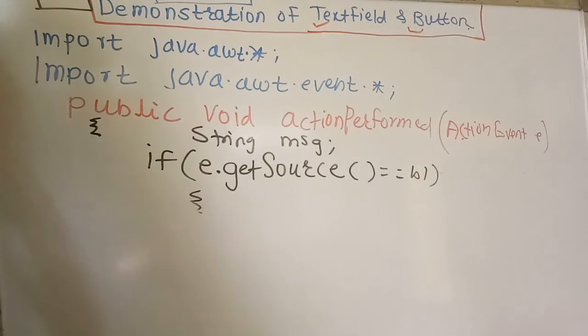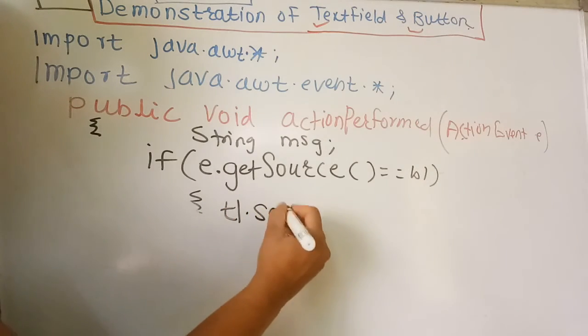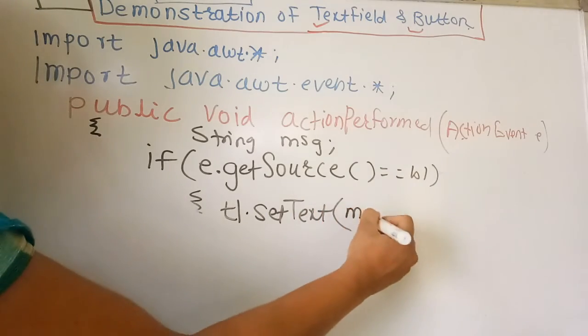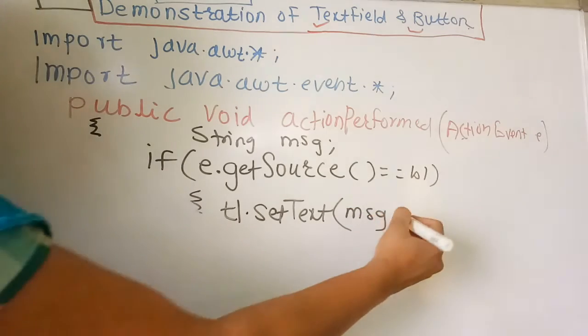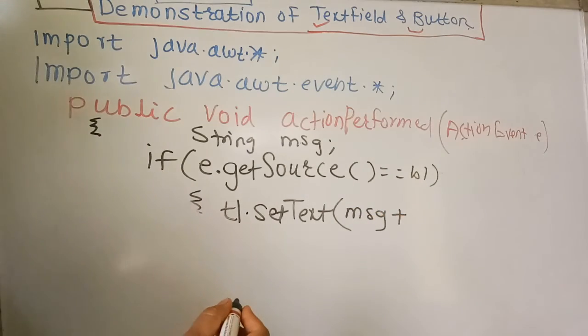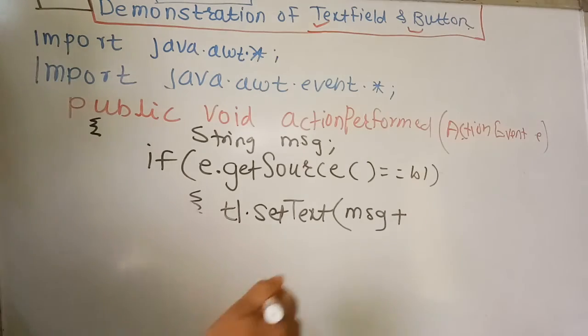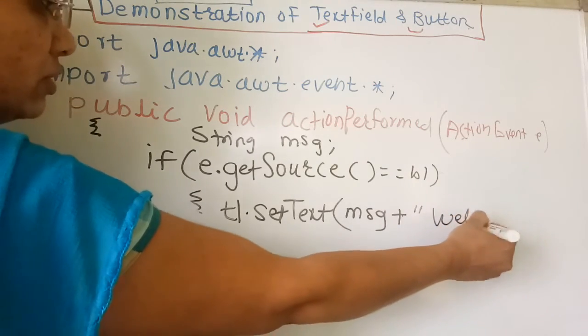So here we will write t1 dot setText. This is again a standard method, and we write only the message. For anything to be displayed in Java, whether it is a text field, a GUI or any screen, you have to use concatenation and apply the message, like "Welcome to demo".